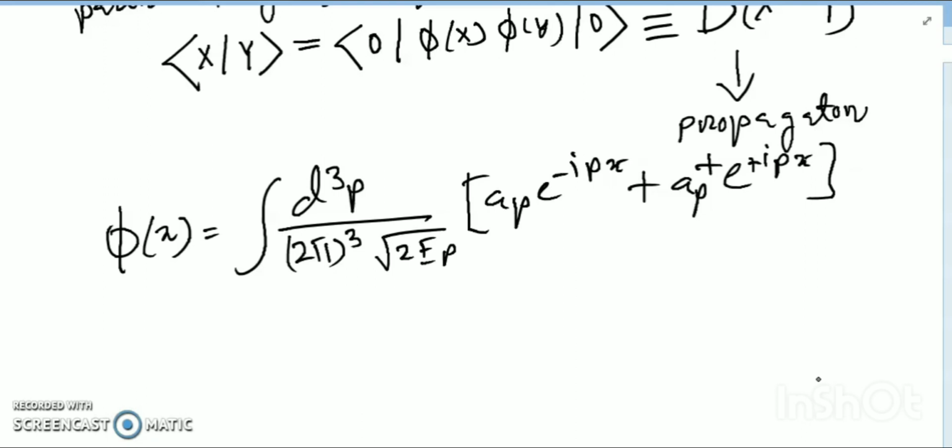Now we have different momentum, so we need to use a different variable. So <0|φ(x)φ(y)|0> with x minus y, plugging this in here, our momentum is different.